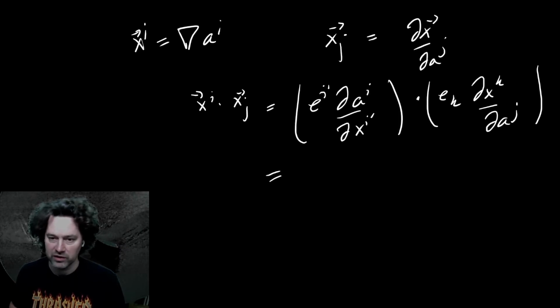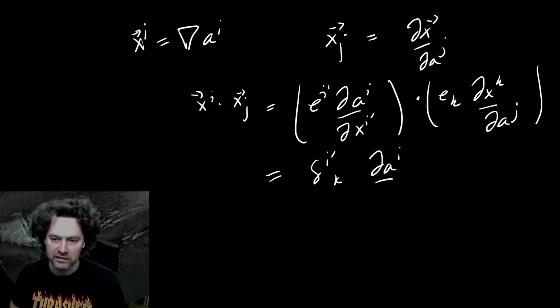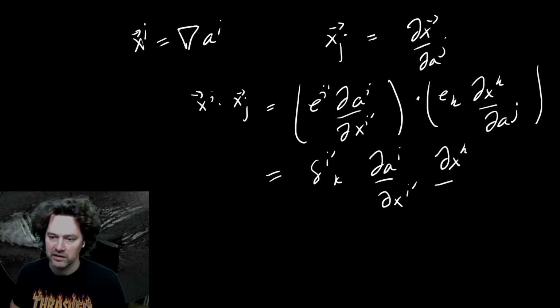And taking our dot products, we have a delta i prime k times dai dx i prime dx k daj.